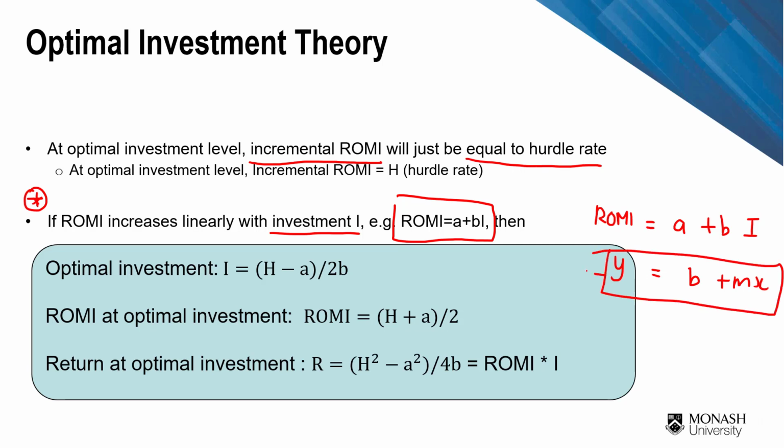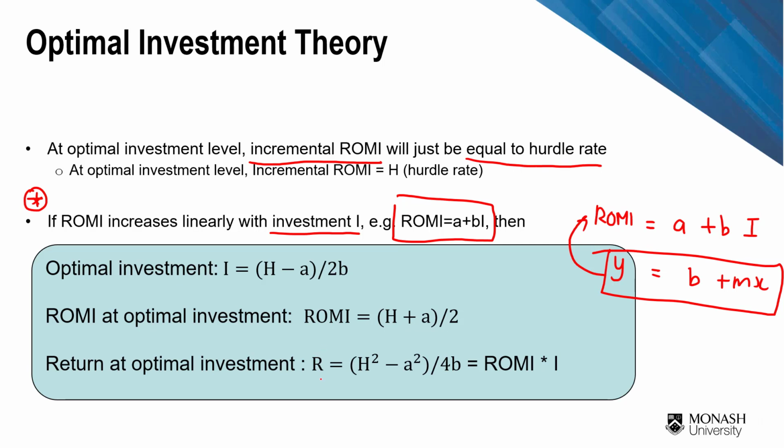That's pretty much the same as what it is like here. If you don't understand what Y equals MX plus B is, don't bother about that. We will go through this as we go along to the next few slides.